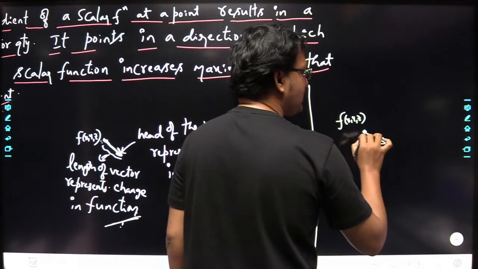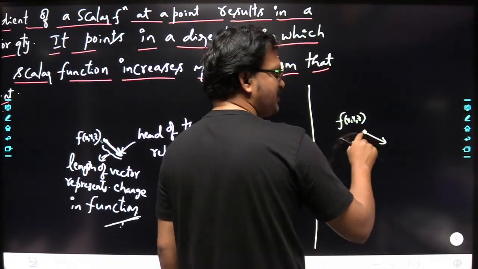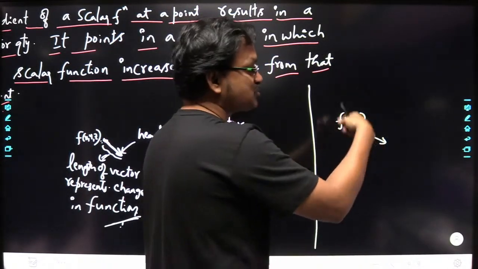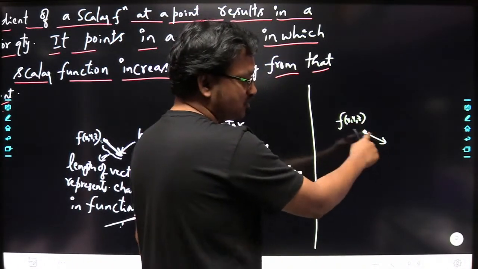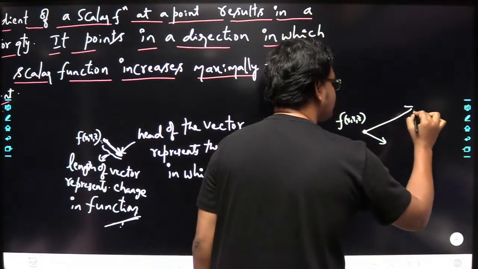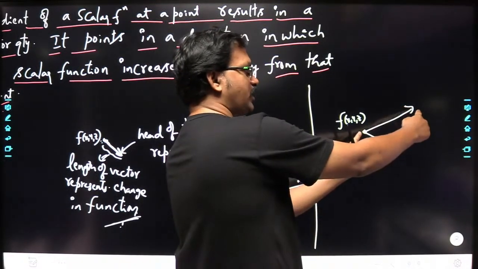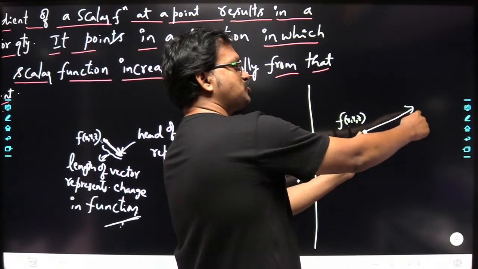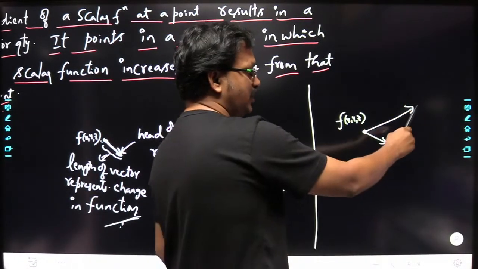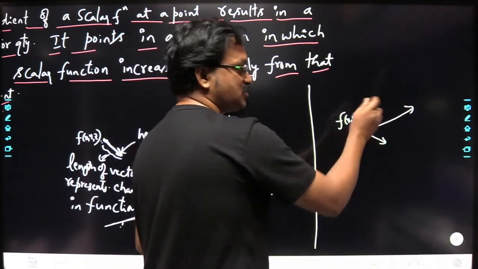Now if I move in this direction, let us assume the change in function is more when compared to this direction. So I am going to represent that vector like this. The magnitude of this vector represents the change in function, and the head of the vector represents the direction in which this change is occurring.